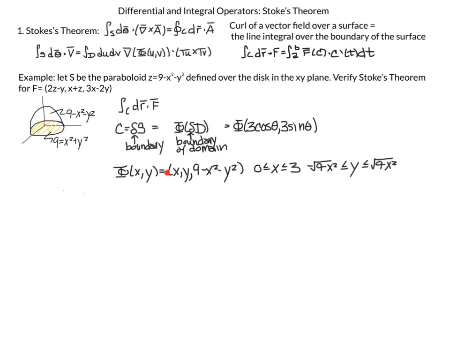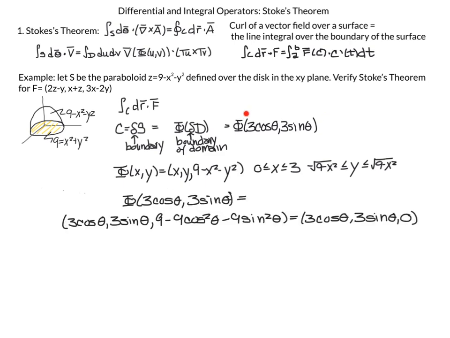And we need to complete our parameterization by saying our limits of x and y. So x goes between 0 and 3, and y goes along the circle, negative square root of 9 minus x squared to positive square root of 9 minus x squared. So now when I want to calculate phi of 3 cosine theta, 3 sine theta, I plug this into my phi.